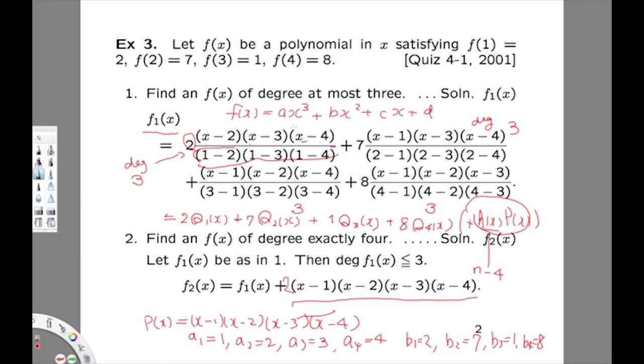That's right. Let me just use a different color. Just multiply this part. That is, if we choose an appropriate h of x, then we can find a polynomial of any degree.